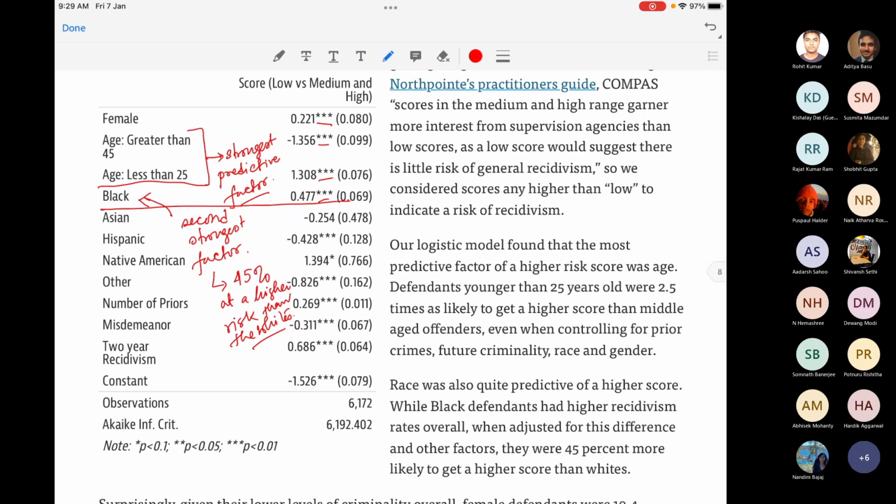Sir, what is represented by these three stars? As I said, these are statistical significance tests. I think the authors did something like Mann-Whitney. So how significant are these results? Do you know how to do statistical significance tests?